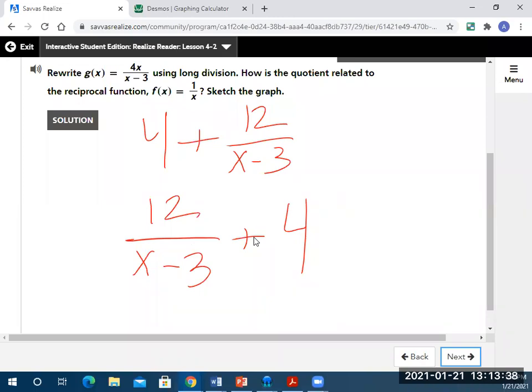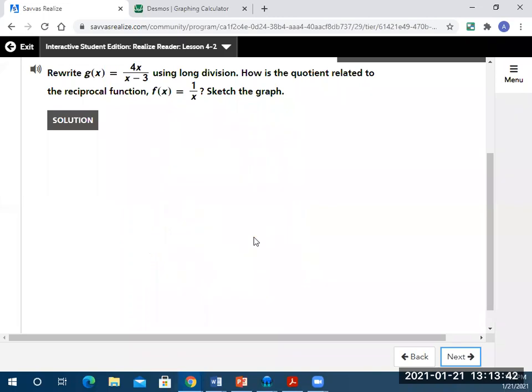So now that we have our function, let's talk about the range, the domain, and our asymptotes. Can anybody tell me what my domain for this function is? Sydney? Okay, no problem.